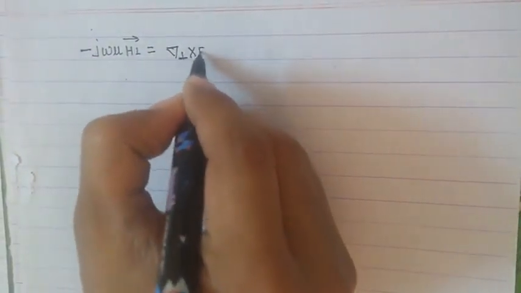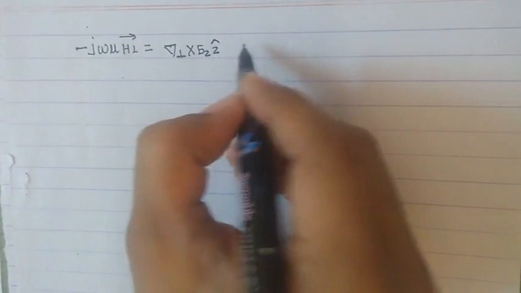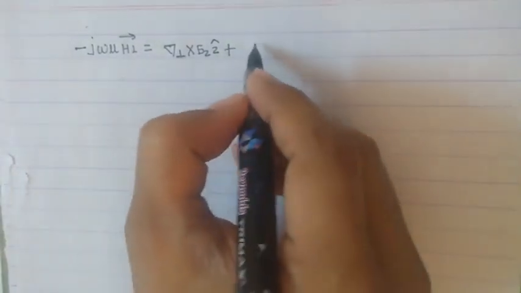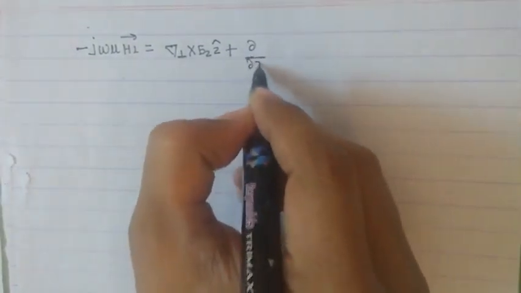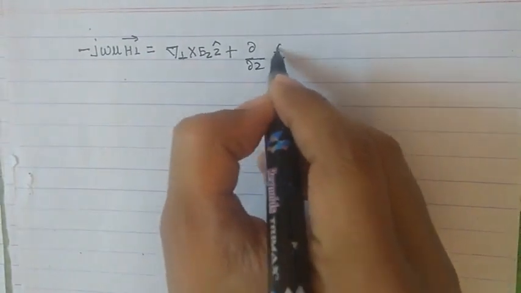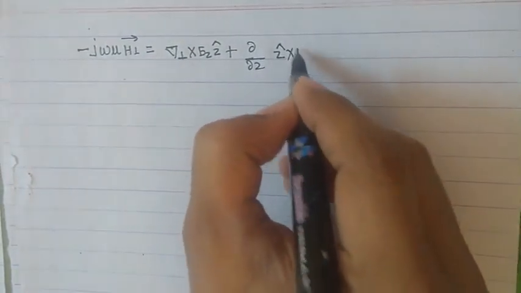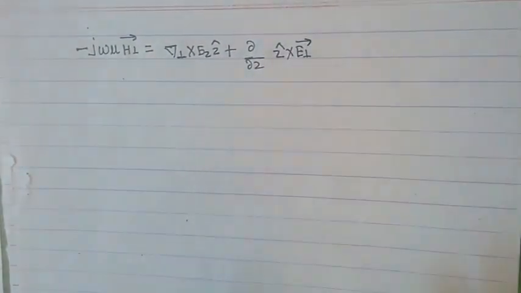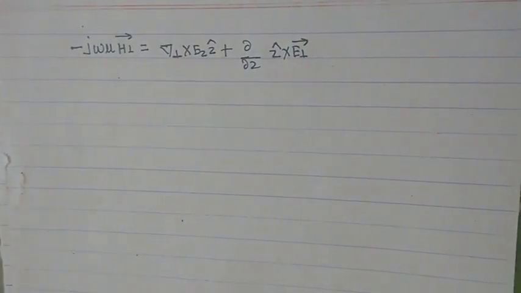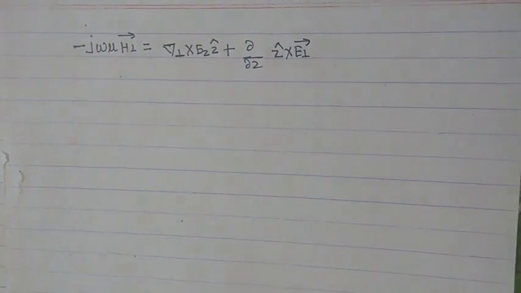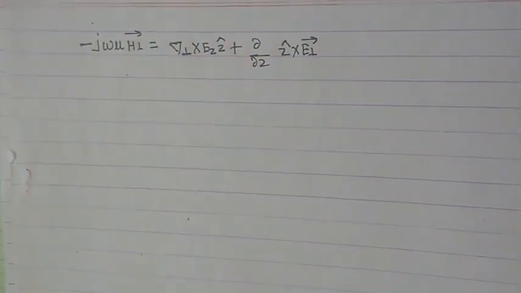That is, del transverse cross EZ Z plus del by del Z, Z cross E transverse. Now this is what we have got. We have ignored the longitudinal components and written for the transverse terms.